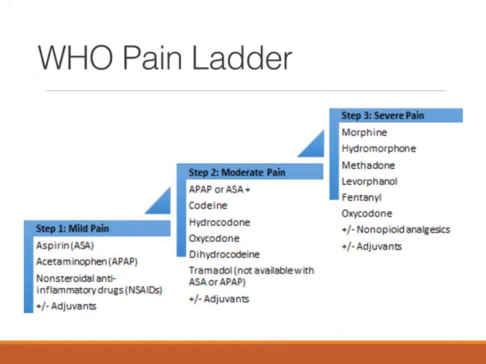And then you can add in non-opioid analgesics to help with breakthrough pain. So when we figure out the best way to start, we should use an objective tool such as this pain ladder, based on what our pain report is from the patient and what the diagnosis is for what is causing the pain.